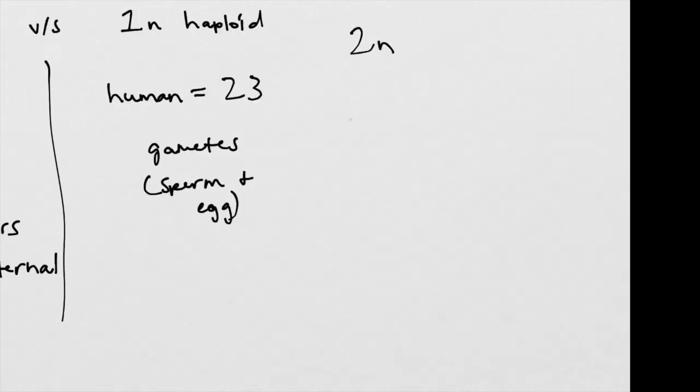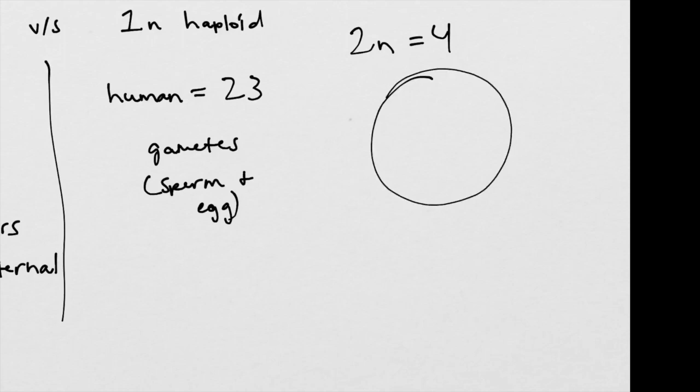We'll say we're going to have a simple cell, 2N equals 4. Stereotypically, I'll use blue for the male chromosomes and pink for the female chromosomes in this case.